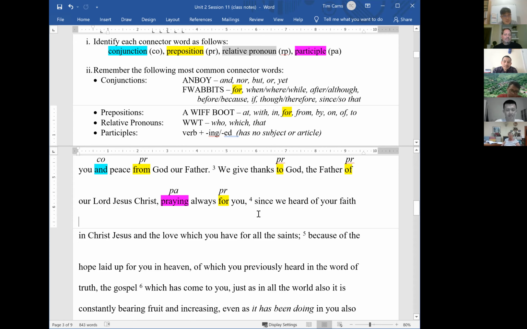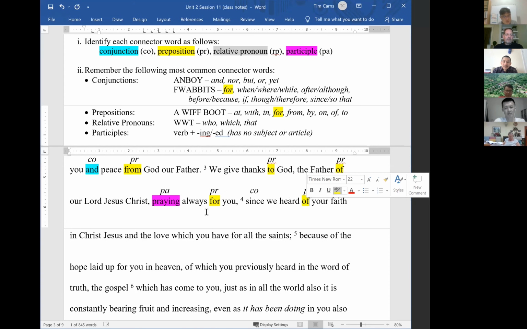All right. Since would be a subordinating conjunction. Okay, since, good. We have heard of. Of would be a preposition. Okay, good. Of your faith. Of your faith, yes. All right. In, another preposition.